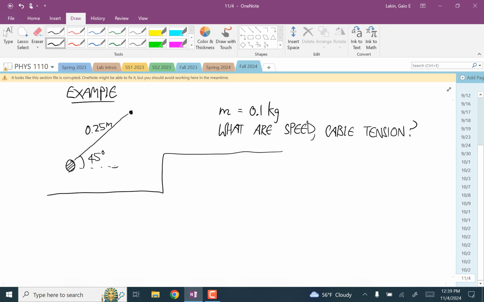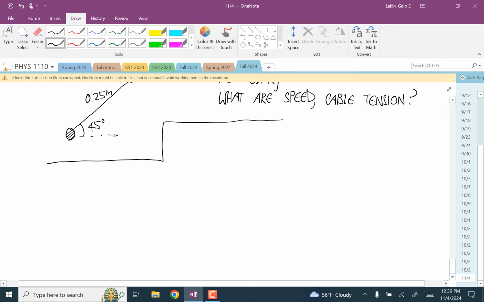Okay, so we're going to take a side view just like it's drawn. And I'm going to use a coordinate system like this.